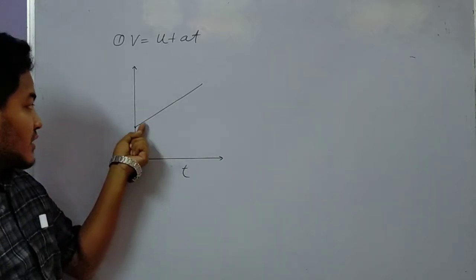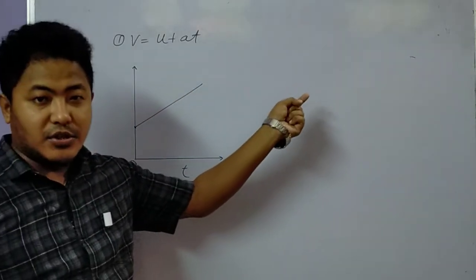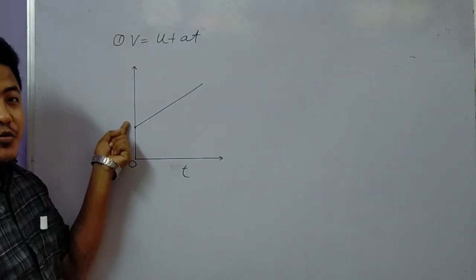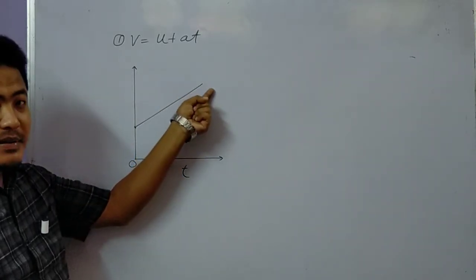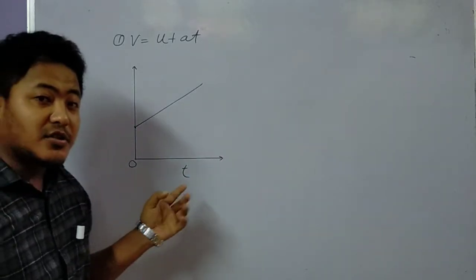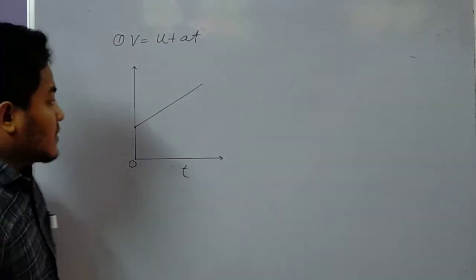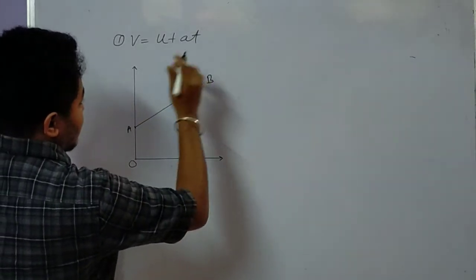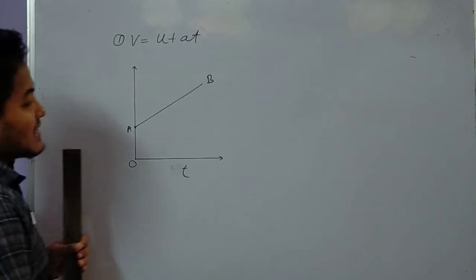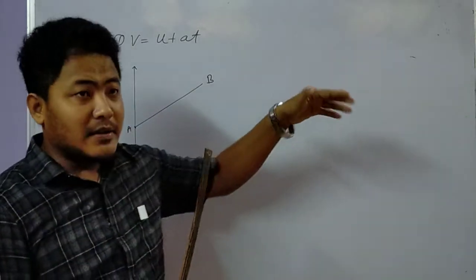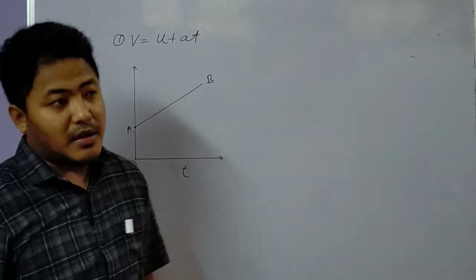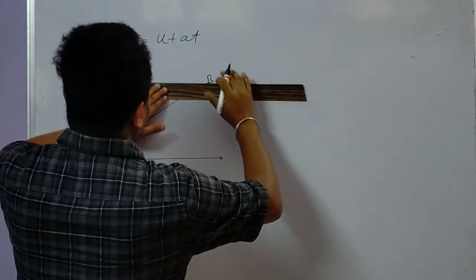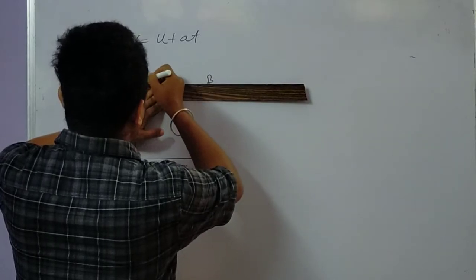So if the initial velocity is not 0, the graph will start somewhere from here. Suppose this is the point, from A to B. It is determining that this body is in uniform acceleration, but it is not starting from 0. Now I have joined this line.